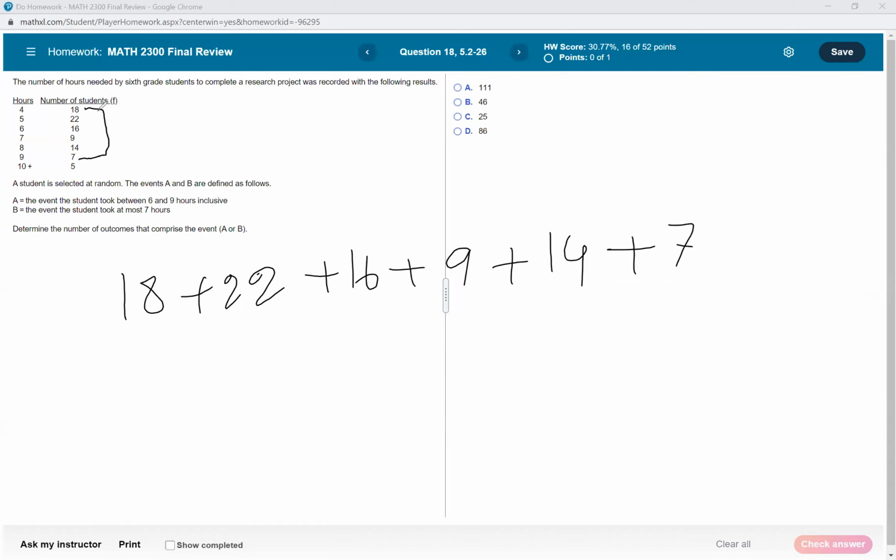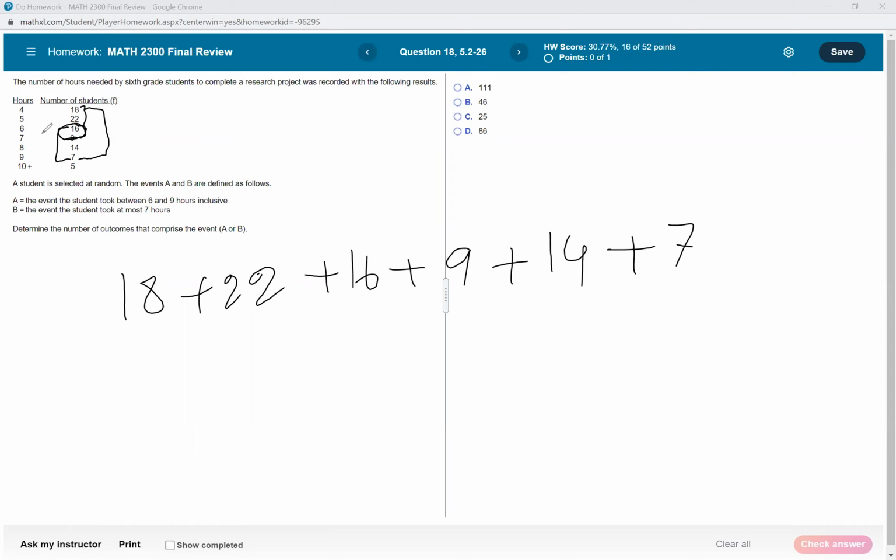Because you can see here, even for A, the students who took between 6 to 9, 6 to 9 is here to here, and at most 7 means here to here. So these students are counted twice, 16 and 9, right?